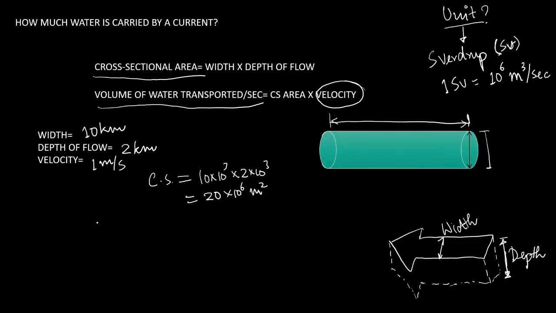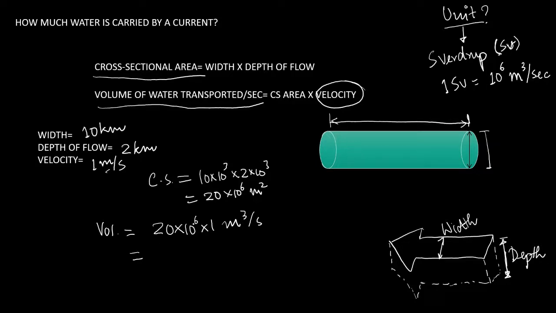Now the volume of water is equal to 20 into 10 to the power 6 into 1. It will be meter cube per second. We multiply this meter by this meter square, it becomes meter cube.